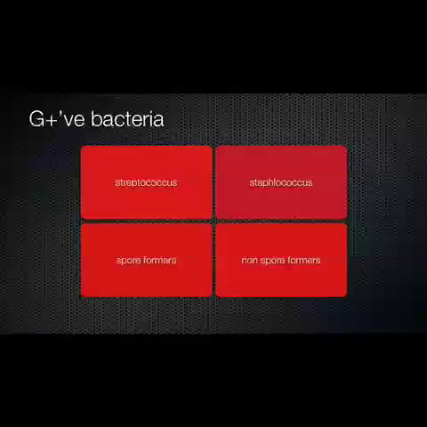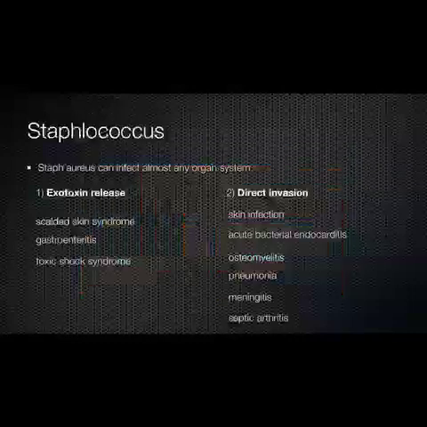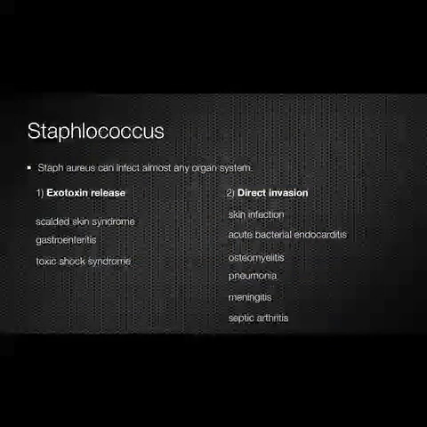So now we've tackled one half of the gram-positive bacteria that are cocci. Let's tackle the other half, being Staphylococcus. Cool. So staph is an exceedingly common infection and can actually affect any organ system. You can divide the diseases into those caused by exotoxin release or those caused by direct invasion.